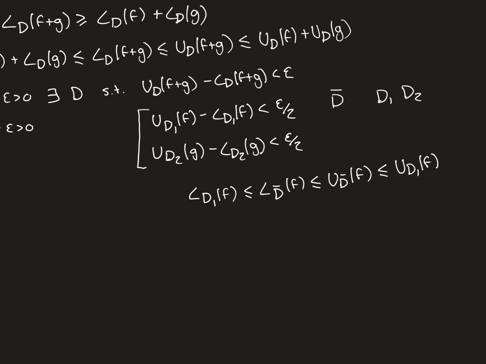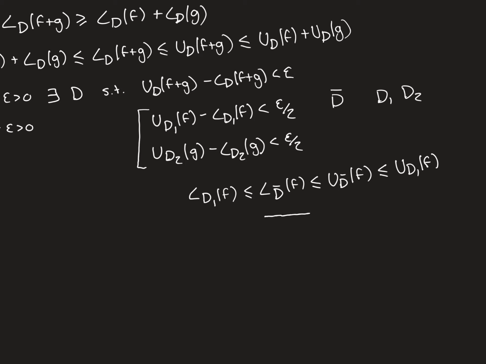So now, if we know that the difference between this one and this one, which is this minus this, is less than epsilon over 2, well, these two are sandwiched in between there. You can imagine them on a line, and in fact I've written them in a line here. So the gap between this one and this one must certainly be less than epsilon over 2 because of how it's sandwiched in between these two, where the gap between them is less than epsilon over 2.